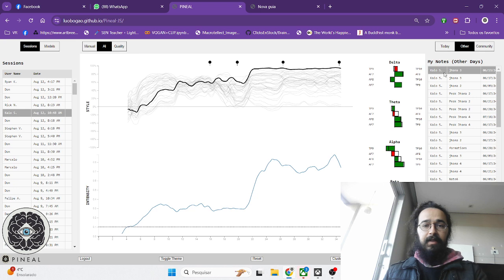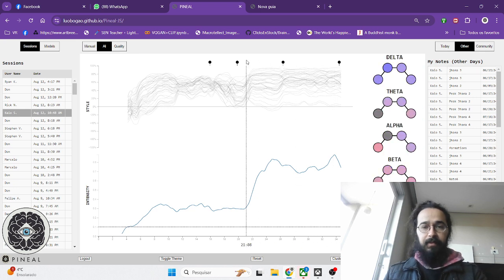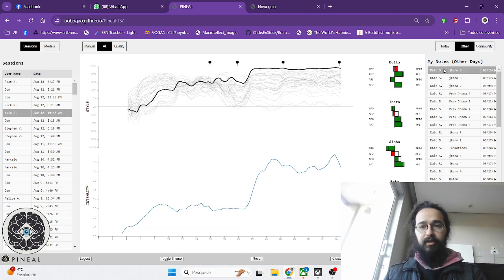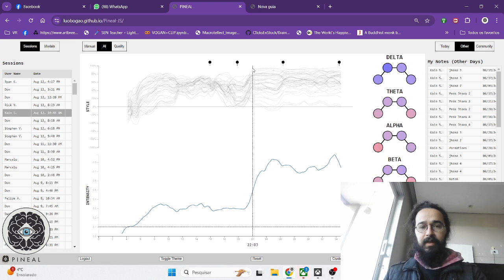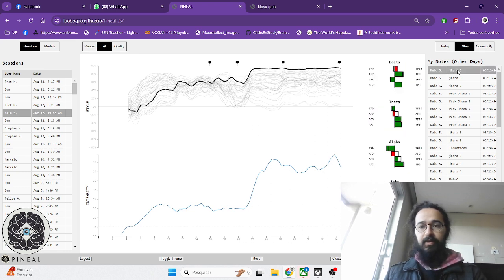I can see that at minute 21, I have a strong and sustained match of this actual session with this session, and specifically this note, this state that I pinpointed.